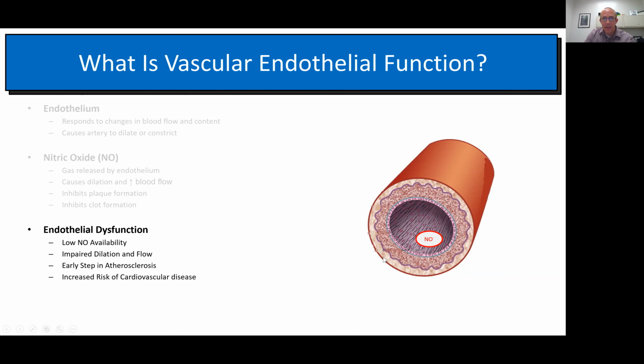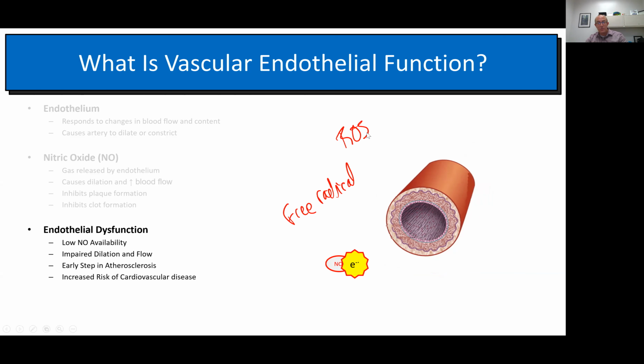And in aging, you get a lot of these things called free radicals or reactive oxygen species, ROS, which are just molecules that have unpaired electrons. Now, if you have a lot of these unpaired electrons around, the nitric oxide is going to get intercepted or bind those instead of the smooth muscle.